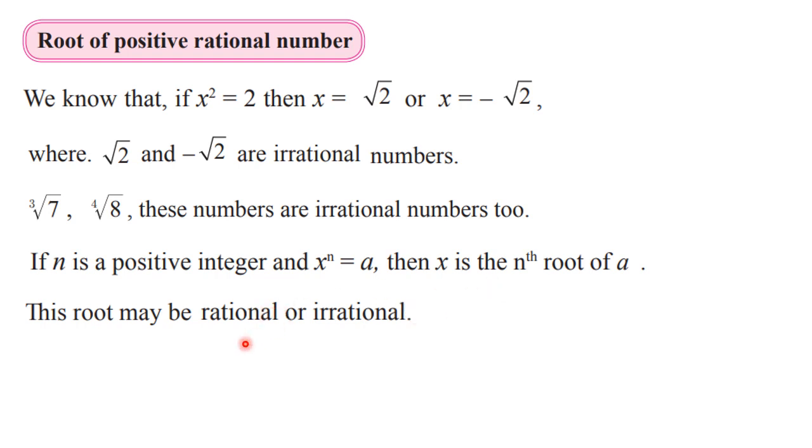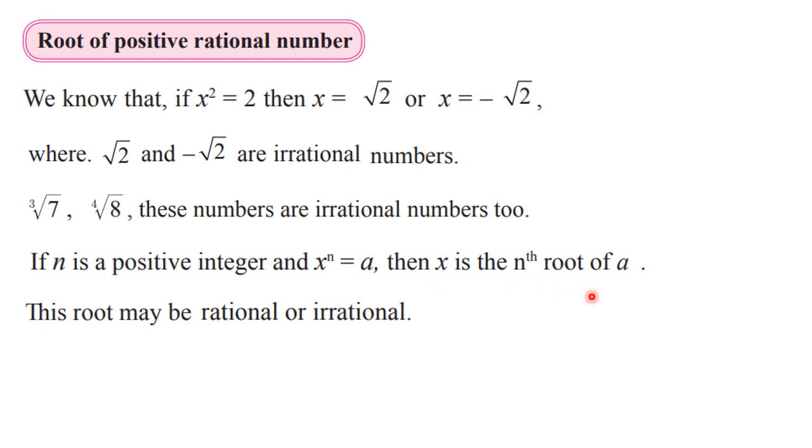Now this root, it can be rational or it can be irrational. Just take an example: if you are taking cube root of 8 in place of 7 here, then you can write down cube root of 8 as 2. So that is going to be a rational number. This is irrational, but in place of 7 if we have 8 here, then that is going to be a rational number.